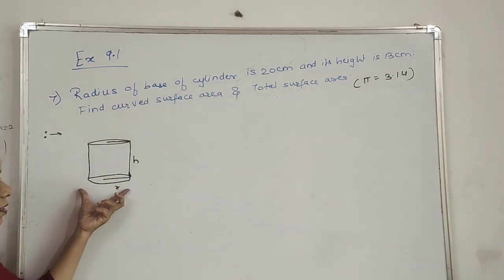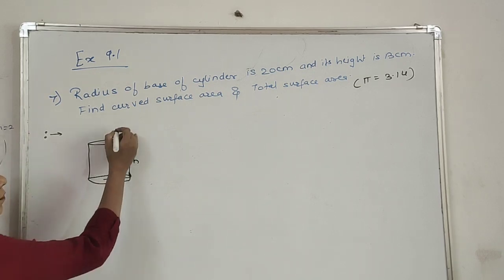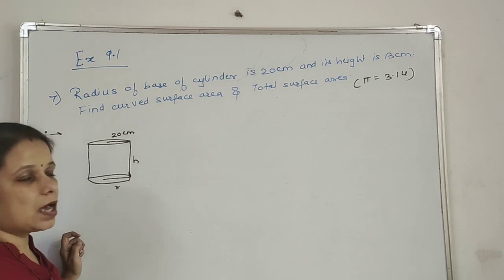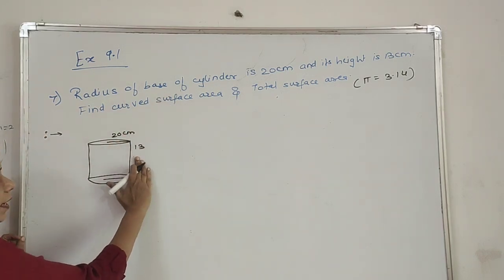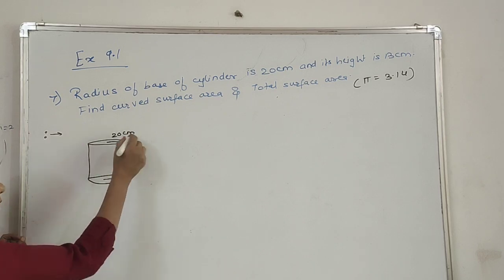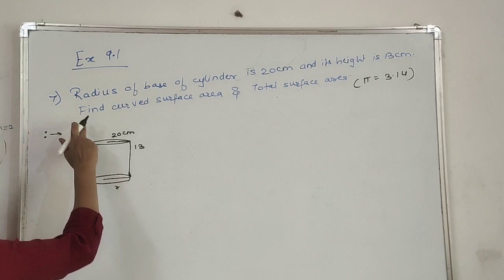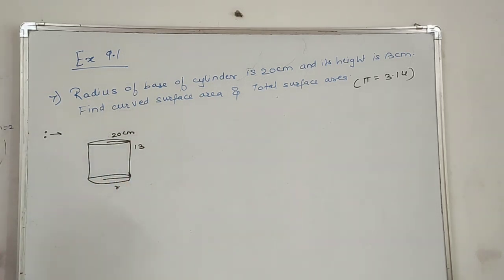So, here I have taken a cylinder. The radius, that is r, is given to you as 20 centimeter and height is 13. So this h is 13, this radius is 20 centimeter. Find curved surface area and total surface area.